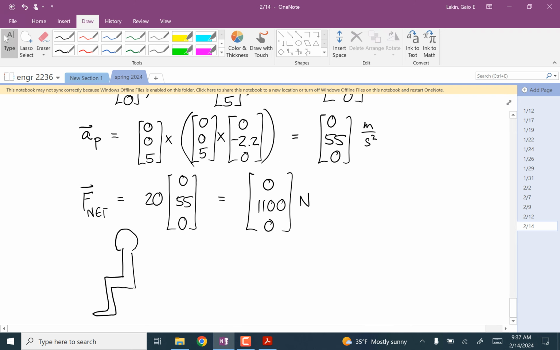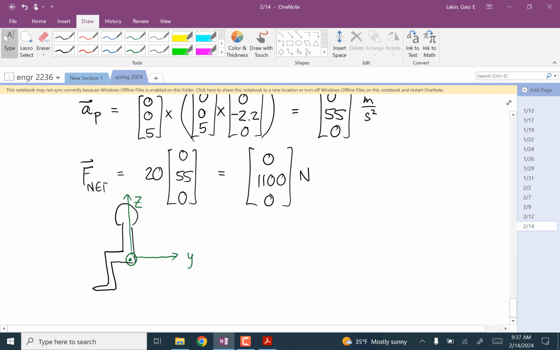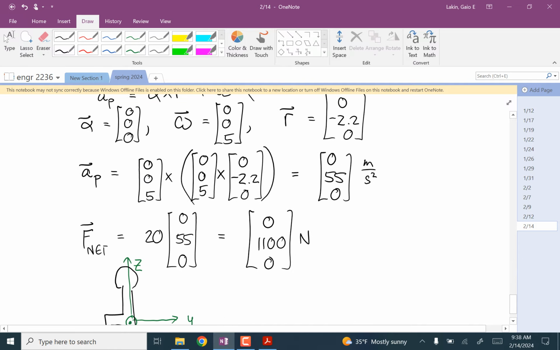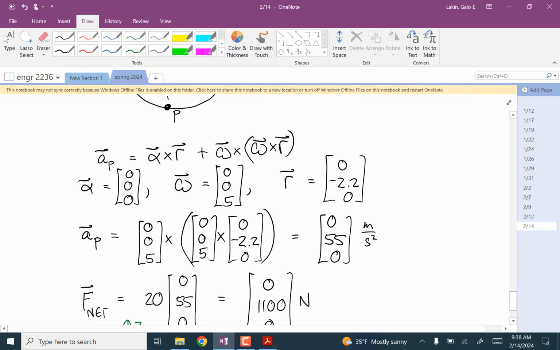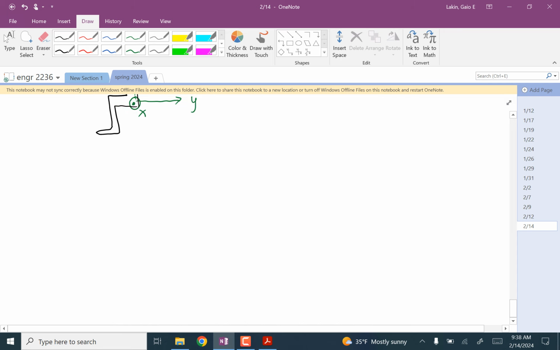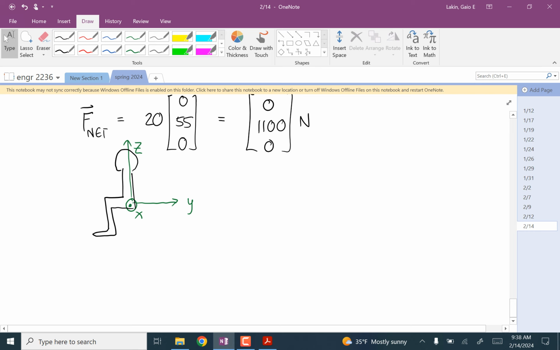This would have y pointing this way, x pointing towards us, and z up. Okay, so like in order for us to see the kid like this, in this position, we'd have to be looking down the x-axis. Do you see that?